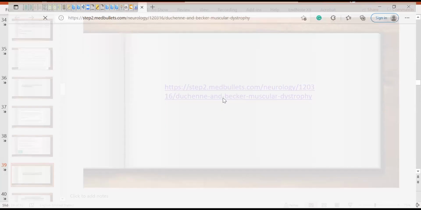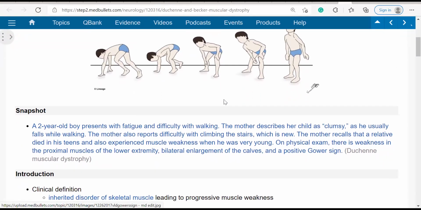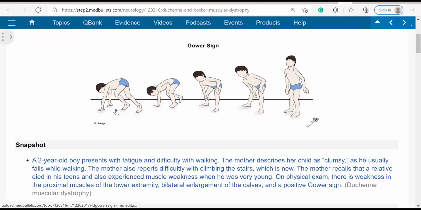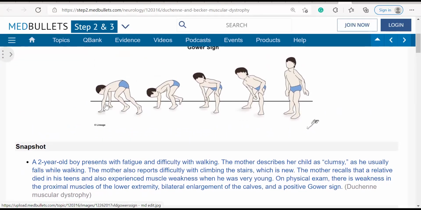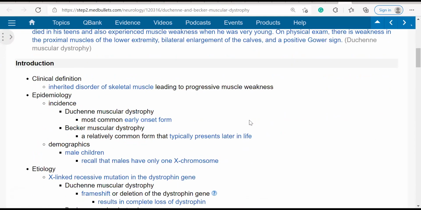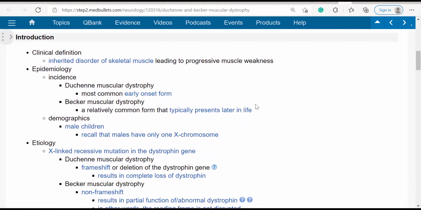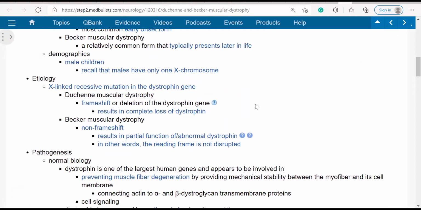If we go through Medbullets and go through the DMD, see that this is called Gower sign. They use their hand to stand up. If you see a child standing up in this way, you should immediately think about DMD. It's a skeletal muscle disorder that presents with progressive muscle weakness.